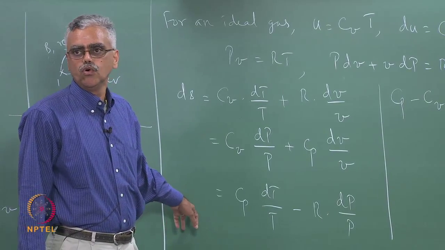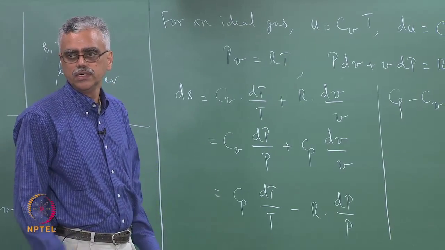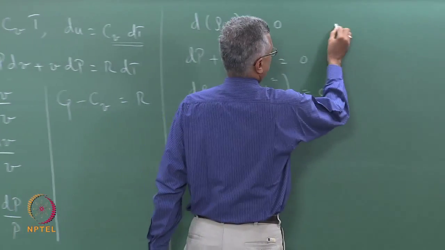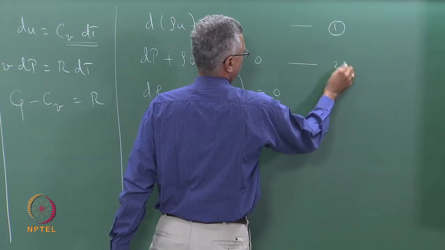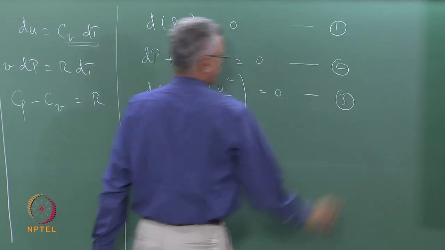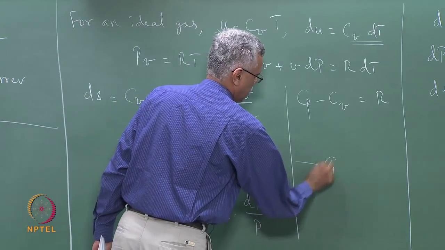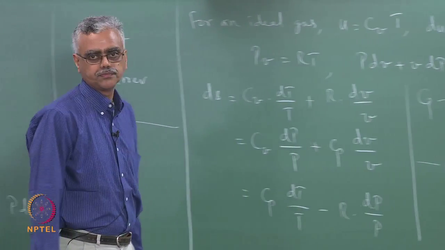These are the four equations which govern the one dimensional compressible flow. So, let us label them as 1, 2, 3, and this entire set of equations I am going to label as equation 4.